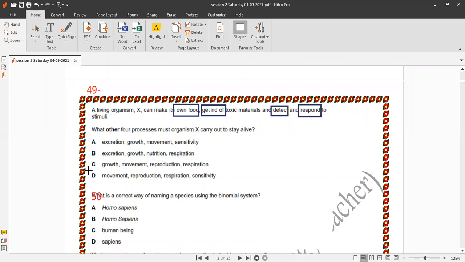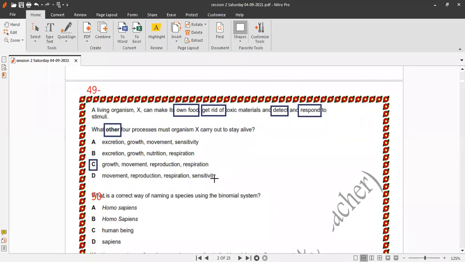Still what? Still growth and movement, reproduction and respiration. Excellent, because you are focused here. Growth, movement, reproduction, and respiration.